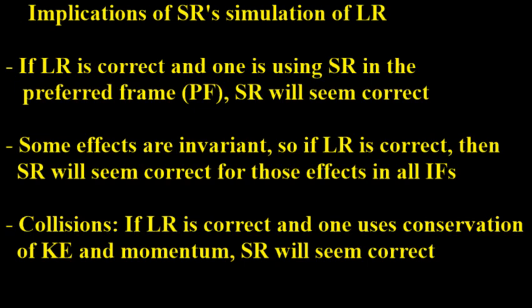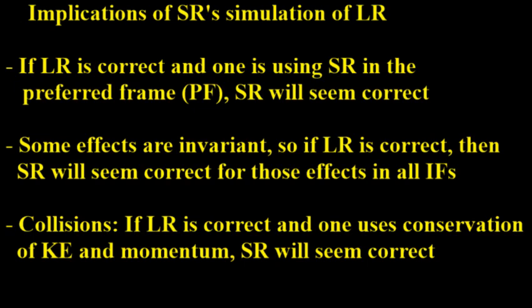Another example is collisions. If Lorentz relativity is correct, and one uses conservation of kinetic energy and momentum, then special relativity will seem correct regardless of what frame it's used for, because a lot of those things are invariant.